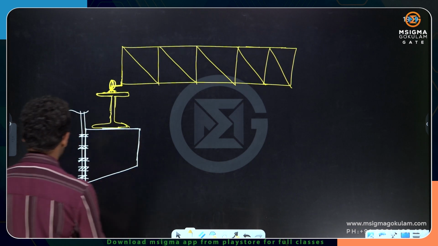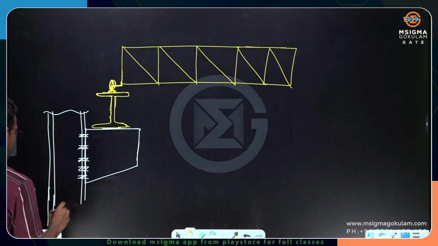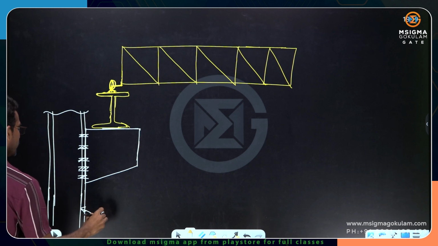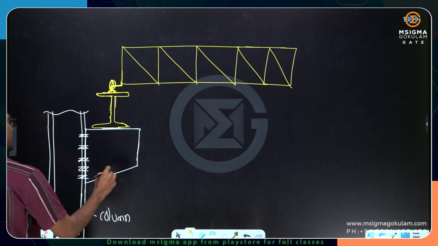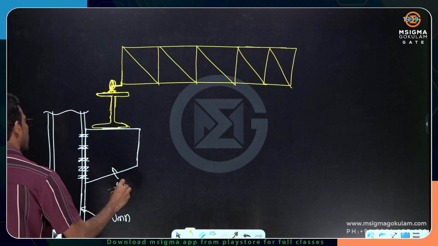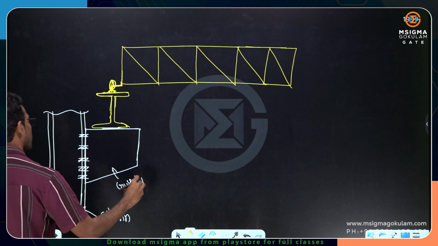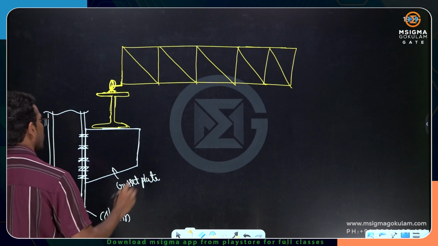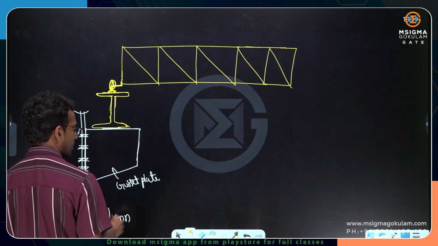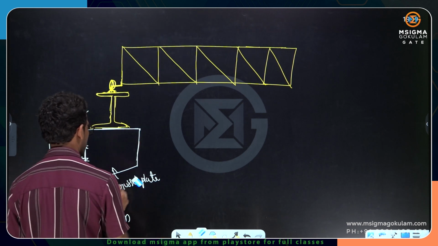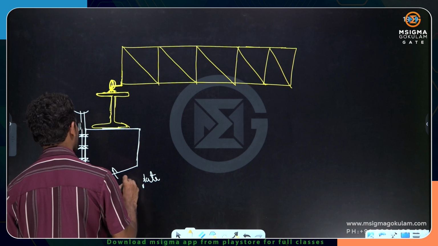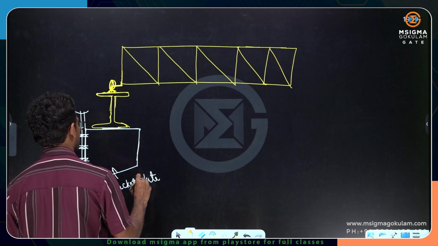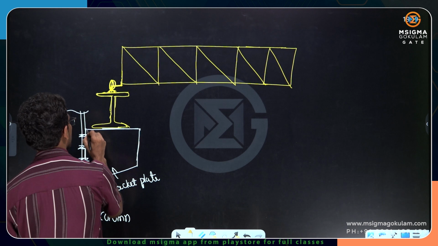Symmetrically, this is the column, and we have a column of certain height above the ground level. I will explain, do not worry. This is the gusset plate, or rather the bracket plate, which is the most appropriate word.